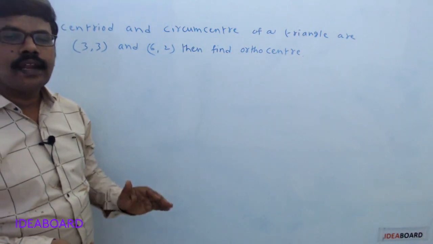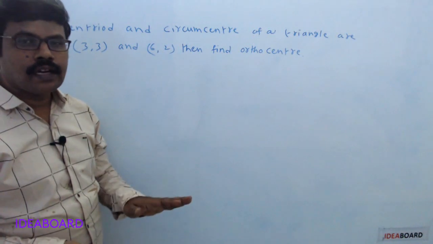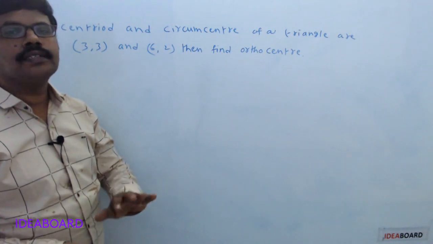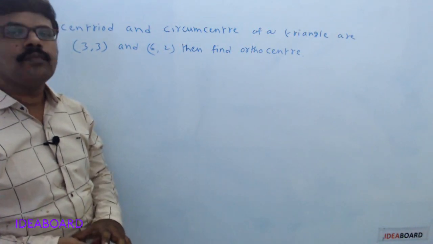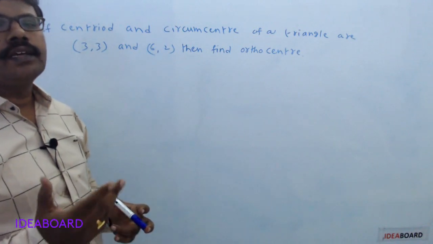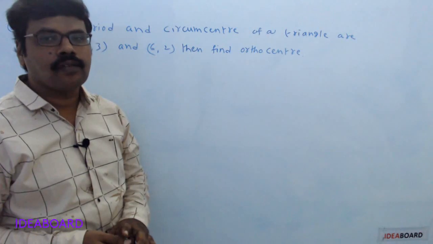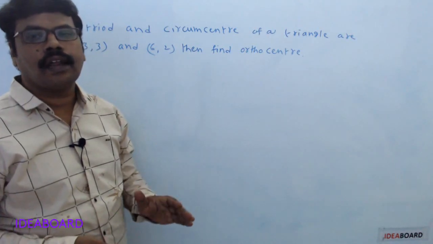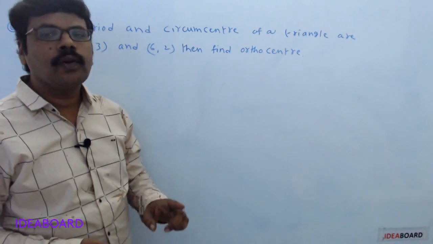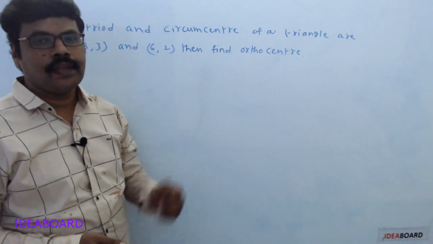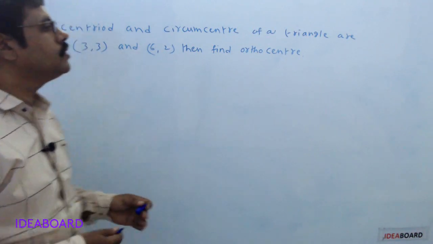Now, what is the relation between orthocenter, centroid and circumcenter? The relation is: orthocenter equals 3 into centroid minus 2 into circumcenter. So, apply that formula.